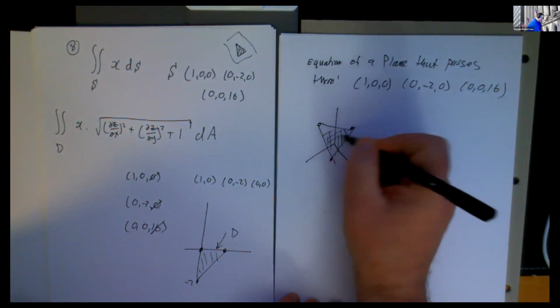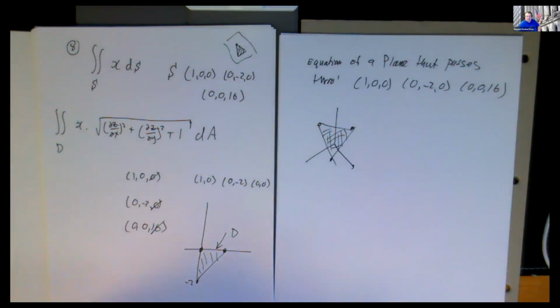And we want to find the equation of the plane that generates that. Where do I start? Calc 3, equations of planes. Any bells ringing yet? Any light bulbs?